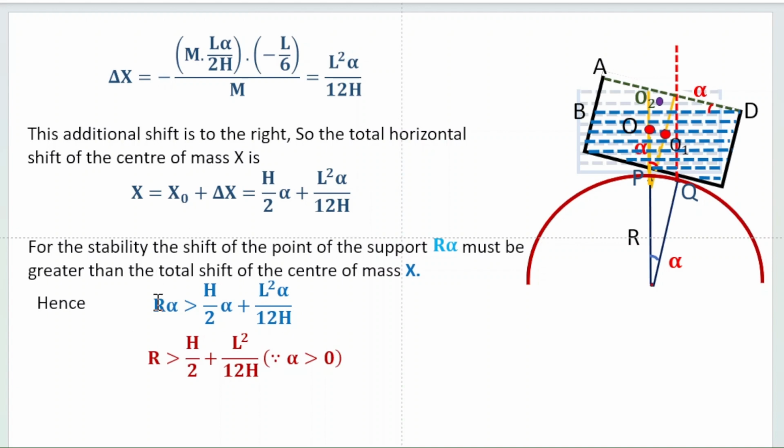That I write here. The displacement of the contact point, R alpha, is greater than the displacement of the center of mass. It is written in two steps. One is due to the tilt, the other one is due to the removed mass. Alpha is greater than 0, therefore R should be greater than h by 2 plus L square by 12h. This is the solution of the problem.